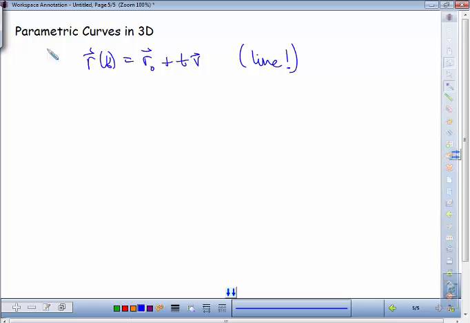So parametric form is generally what we want to see, and so we normally break this down into x naught plus v1 t, comma, y naught plus v2 t, comma, z naught plus v3 t, where x naught, y naught, z naught is your point, and then your v1, v2, v3 are the components of the direction.